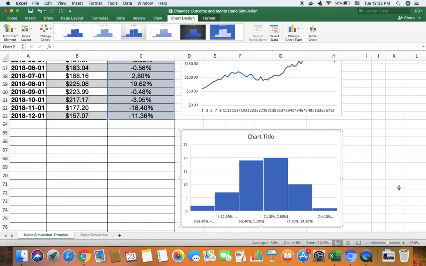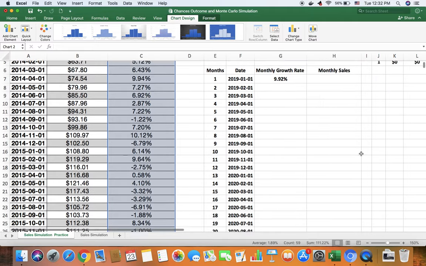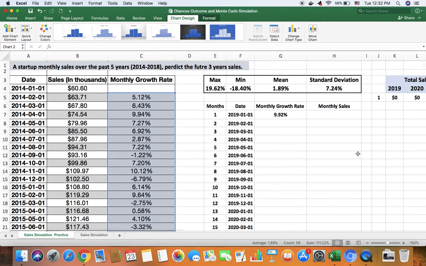Why? Because over the past 5 years, the monthly growth rate of sales follows a normal distribution. We can assume that in the future, the growth rate shall follow a normal distribution pattern.